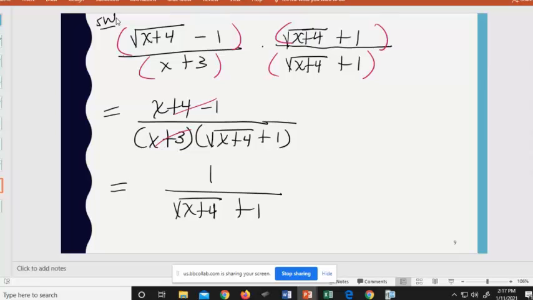This is what I'm going to pull back in. I'm going to take the limit of this function as x approaches, was it negative 3? Okay.